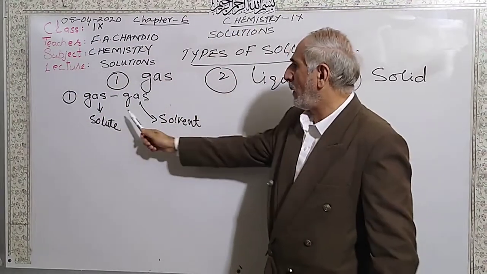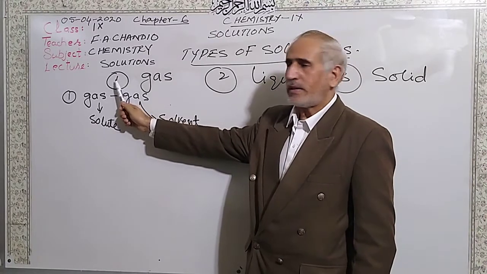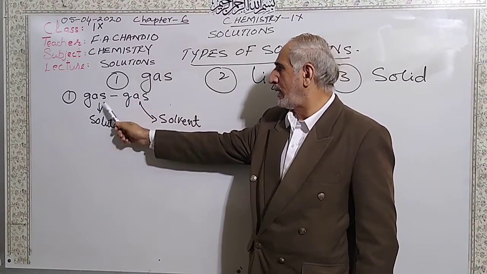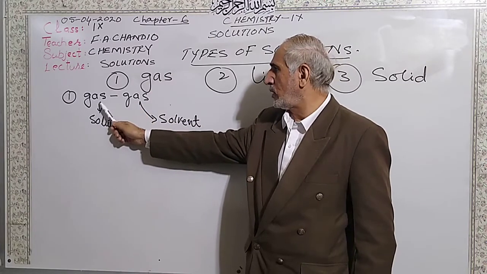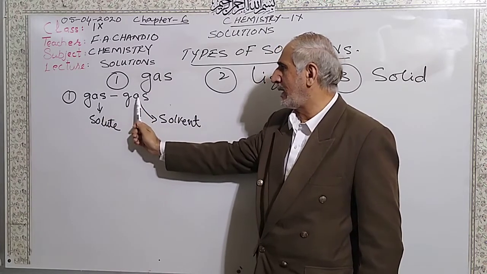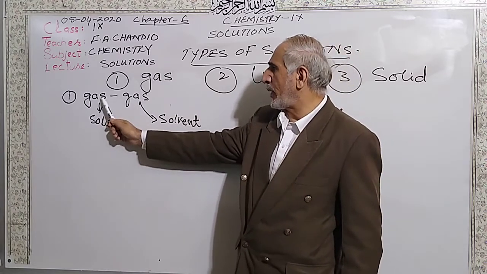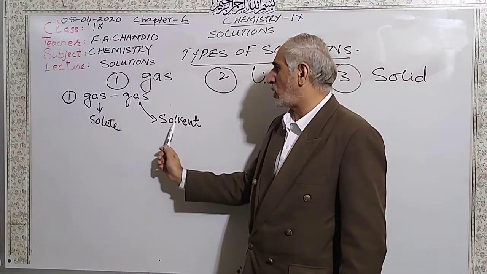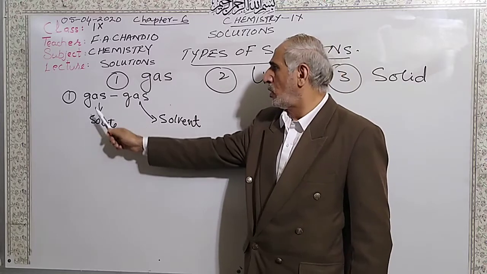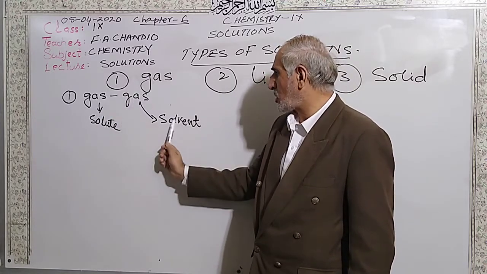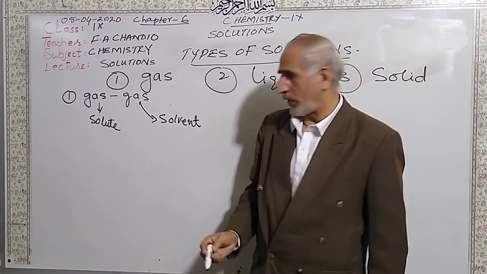So we have this first type, gas solution. In a gas solution you have a gas in gas, because the solution is prepared by the solute and solvent to make a solution. So this gas solute is the minor quantity and this gas solvent is the major quantity.